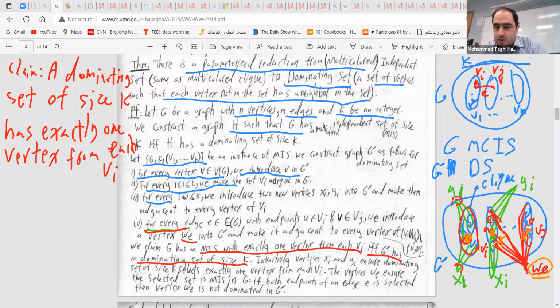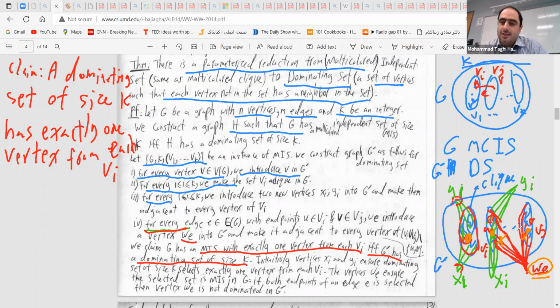And again, we mentioned that you can have at most one vertex from each set Vi, Vj. So it would be more than the budget K that we have. So the only way that we can have a dominating set of size K here is that for no edge in the original graph do we select both endpoints. So that's exactly the definition of independent set.